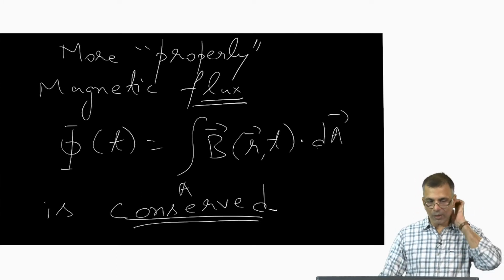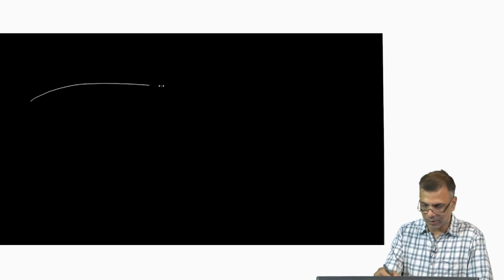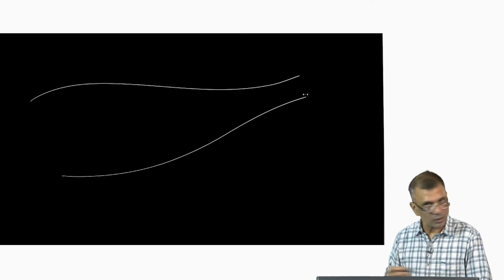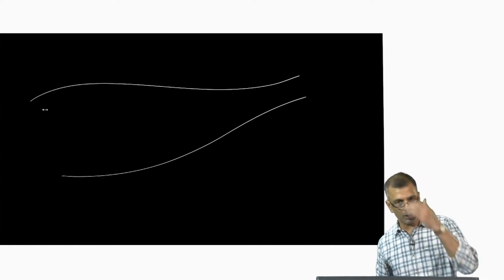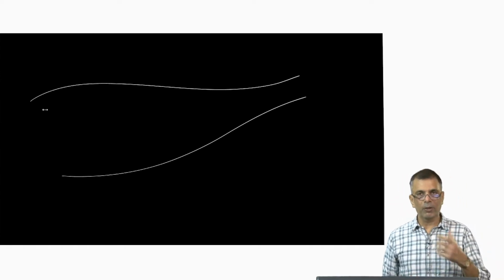This is the real statement of Alfven's flux freezing theorem. What this means in effect is that consider a flow where for some reason the cross section of a magnetic flux tube is changing. The magnetic field is essentially the number of field lines per unit area.